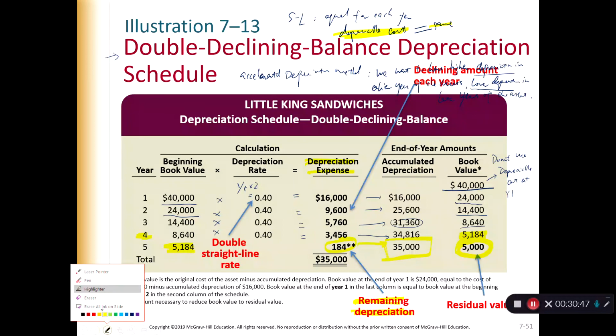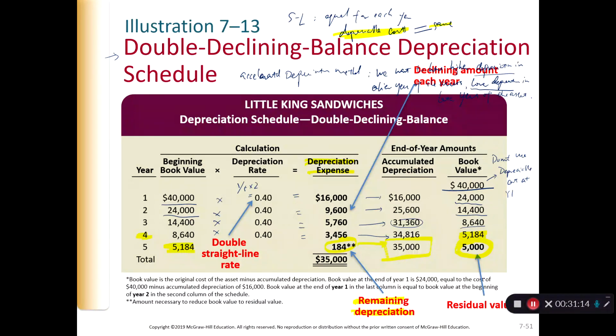But if you notice, when you step away from this method, you can see that the depreciation expense is dropping very fast, right? So the declining, that's why it's called double declining balance. The depreciation expense for each year is not the same like straight line. It's declining very fast, right?